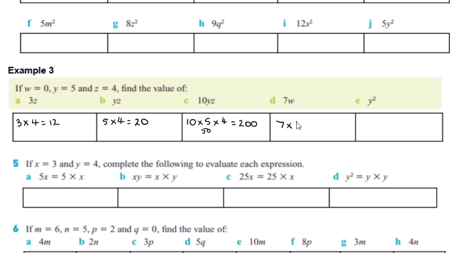W is 0. So 7 lots of 0 is 0. And y squared means y times y, which is 5 times 5, or 5 squared, which is 25.